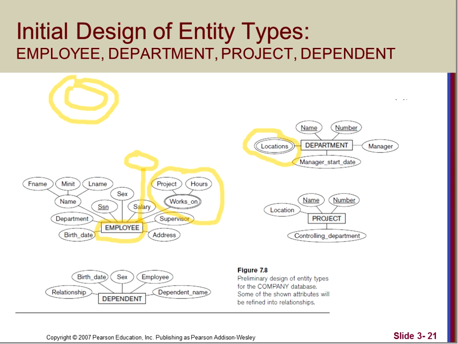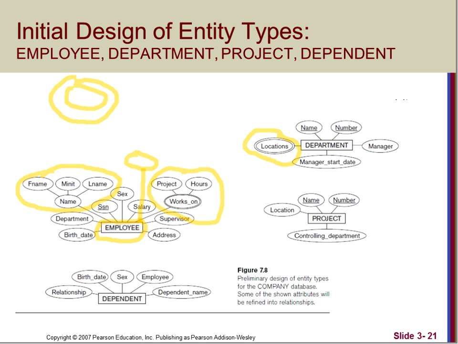Another kind of attribute is this one. You can see the first name, INIT, which is the middle name initial, and last name are not directly connected to the entity type, but go through the name, which means it's a composite attribute. A composite attribute means the attribute consists of several sub-components.